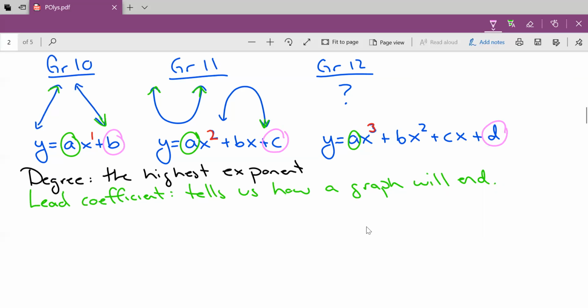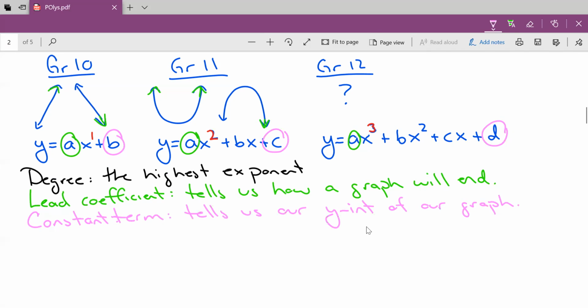This has a better name. This is known as the constant term. Constant because it doesn't have a variable, so it's not changing. So the constant term tells us the y-intercept of our graph.